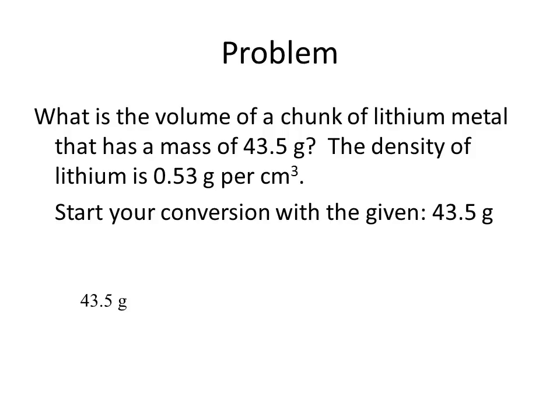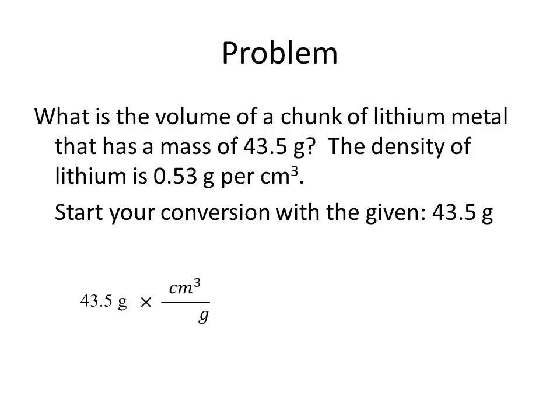The first thing that we need to do in this problem is write down the given. The given is the number that's given in the problem. Now, density is not the given. That is a relationship. You do not want to start any problem with a relationship because oftentimes it will give you upside down units. So we start with the given, 43.5 grams.